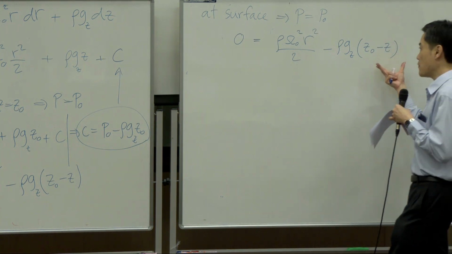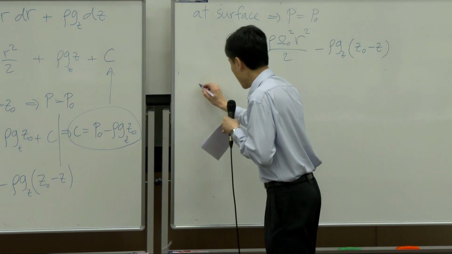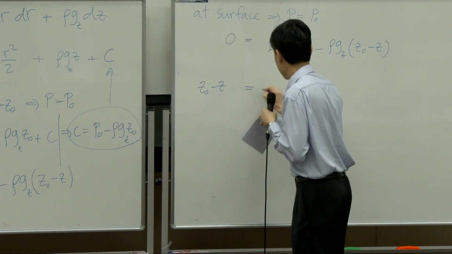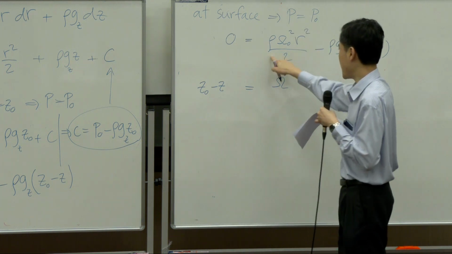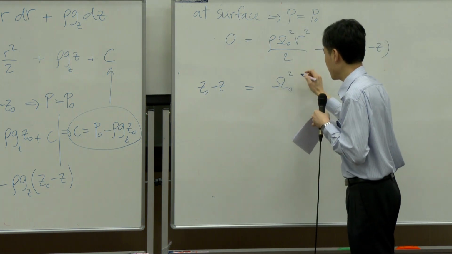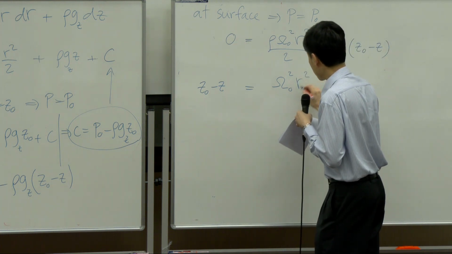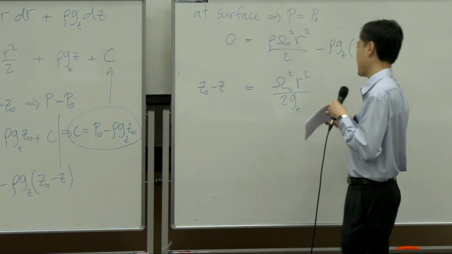So if I move z0 to the left-hand side, I will get z0 subtracted by z equal to R squared over 2g. Rho will be eliminated from the equation. You can divide rho for the whole equation.